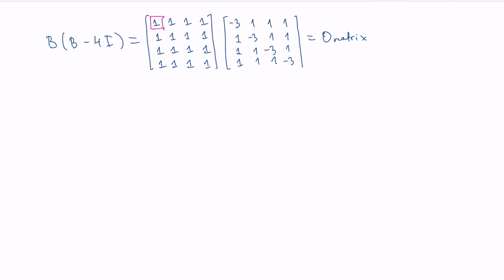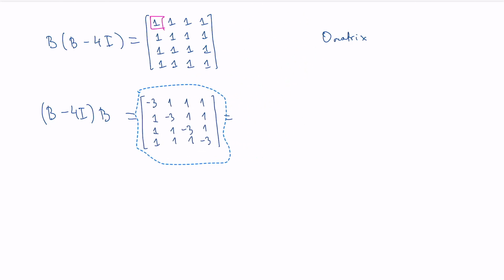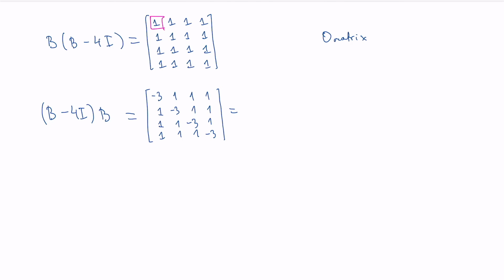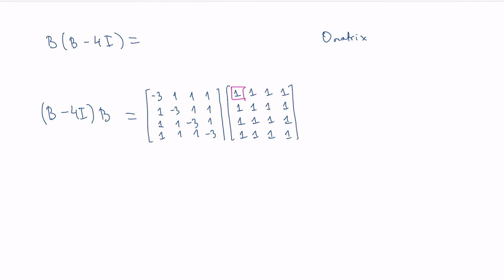But either by observation here, or you could just say B minus 4I times B. So look at this product, where you first have this matrix over here, and then you have the other matrix. You see that each column of this matrix is in the null space of that matrix.